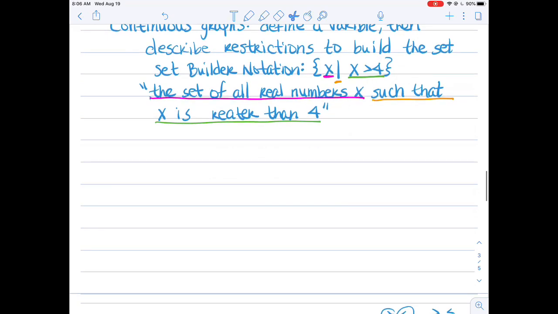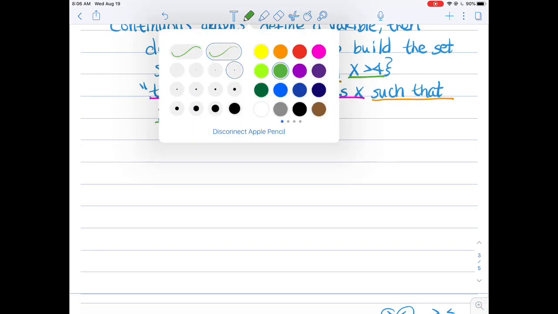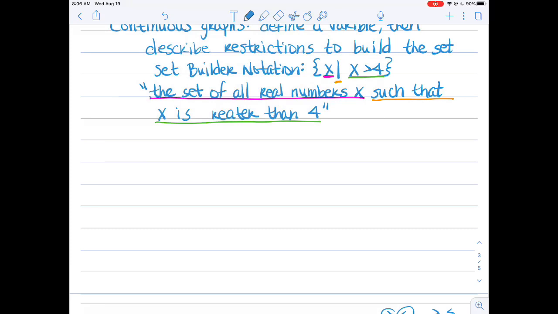Let's continue looking at the same examples we've looked at before. Our first example, if you recall, was -4 as a critical point and 7 as our other critical point. x is in between -4 and 7.